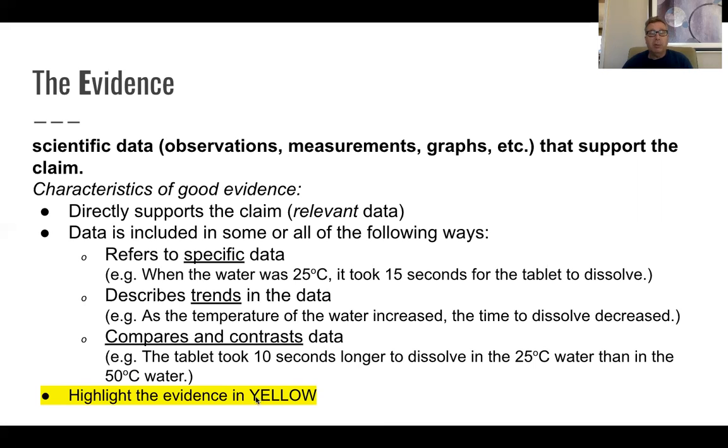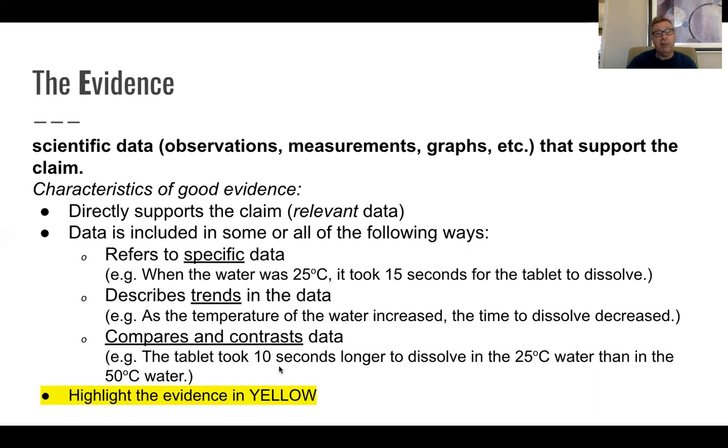The compare and contrast could be quantitative when you have 10 seconds longer, but if you just say the tablet took longer to dissolve in the colder water than in the warmer water, that you could change into qualitative, right? Because you're not giving any specific numbers, you're just describing what happens. But you could have this as your quantitative, right? So there are good examples of quantitative and qualitative data.